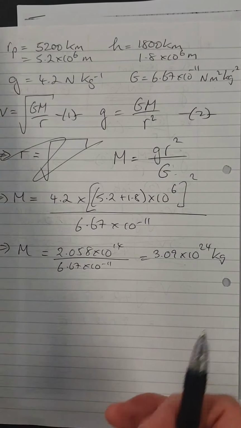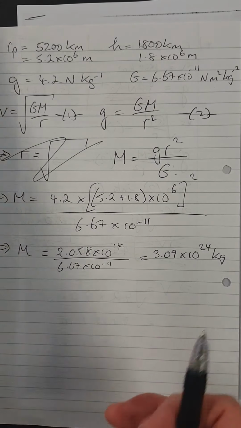So now we work out the speed. So I've got V is equal to, and I substitute in the number 6.67 by 10 to the minus 11, multiplied by 3.09 by 10 to the 24, and that's all divided by 7 by 10 to the 6.